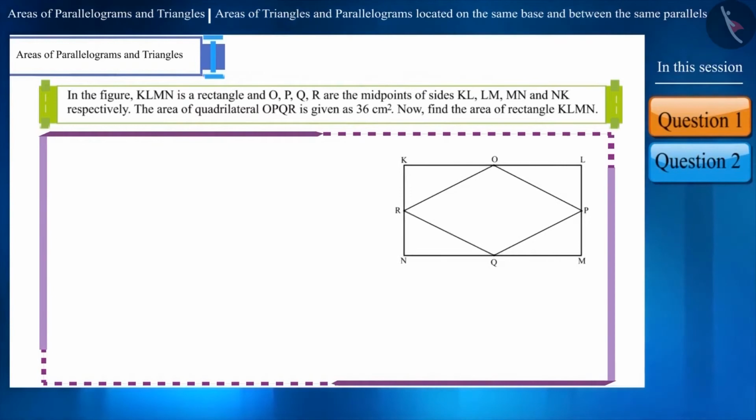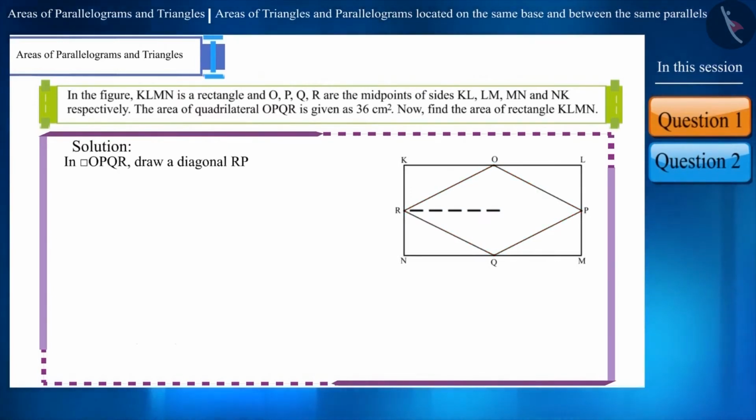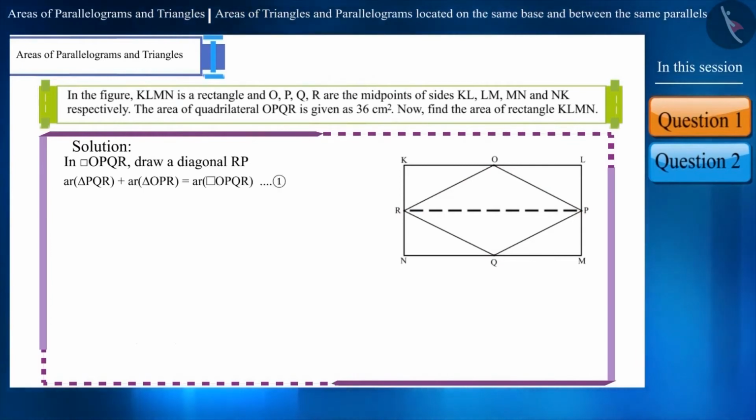If we draw a diagonal RP in the parallelogram OPQR, then two congruent triangles will be formed in this quadrilateral, triangle OPR and triangle PQR, which we can write in this way. You know that a diagonal of a parallelogram divides it into two congruent triangles, and the area of congruent shapes is equal.